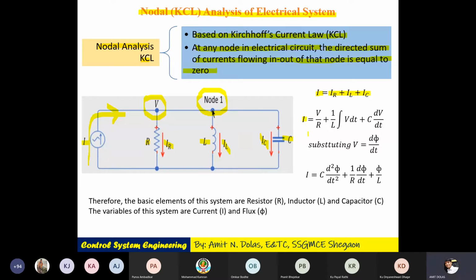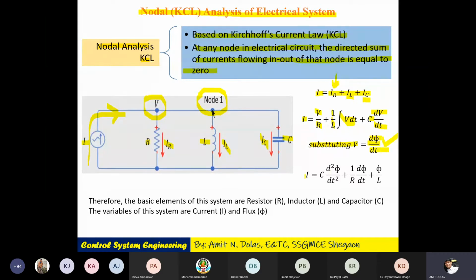Using the mathematical formulas to convert these currents into system elements and parameters, IR is equal to V by R, IL is 1 by L into the integral of V dt, and IC is C into dV by dt. Substituting V: we deal here with current and flux, so V is equal to d phi by dt, the rate of change of flux.